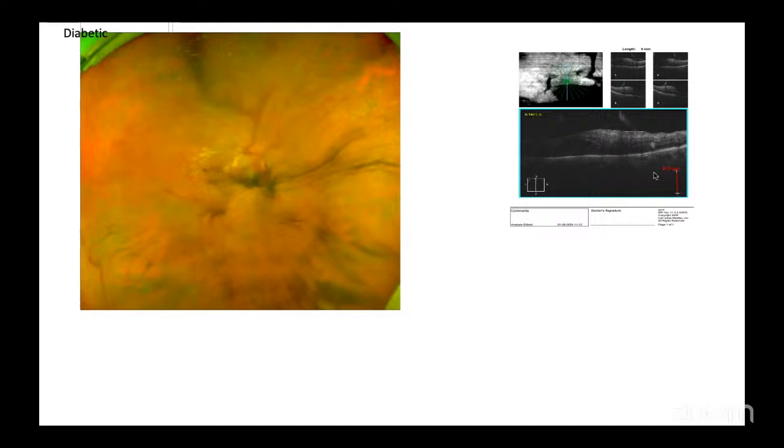There are some black, white lines, black dots. That may be panretinal photocoagulation scars. Okay. Would anybody else like to comment on this Optos picture?